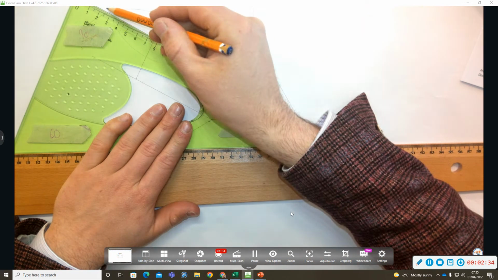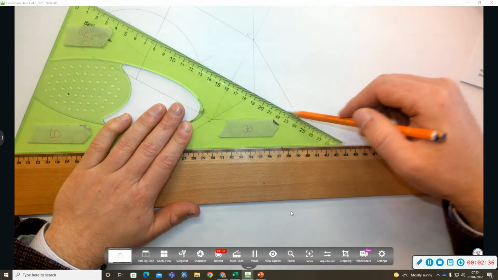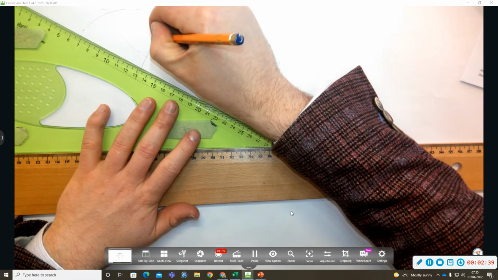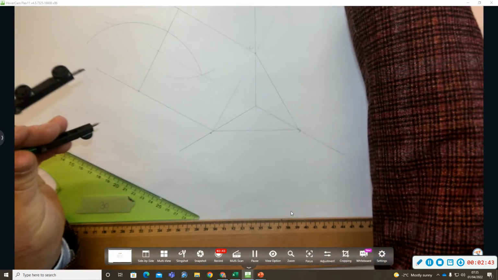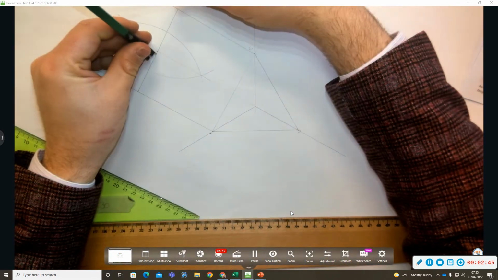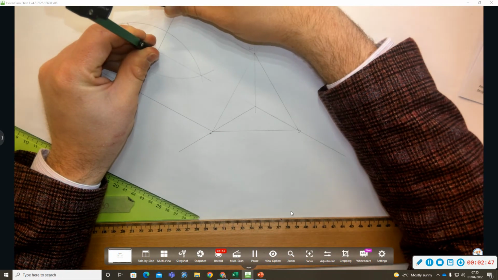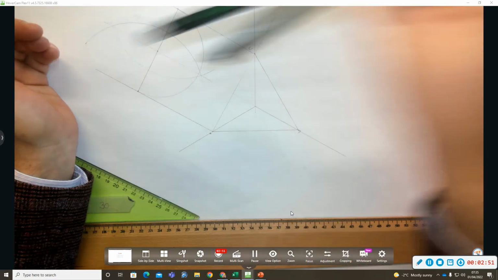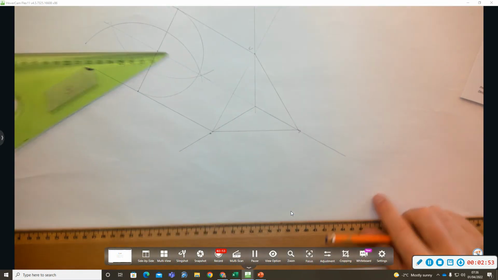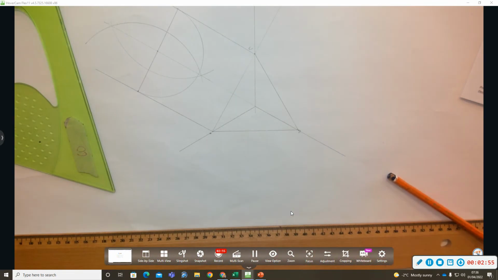If you're a fifth year watching this, it's better to bisect the angle. Now, there's our center point, so we'll take our compass here, draw in the semicircle.